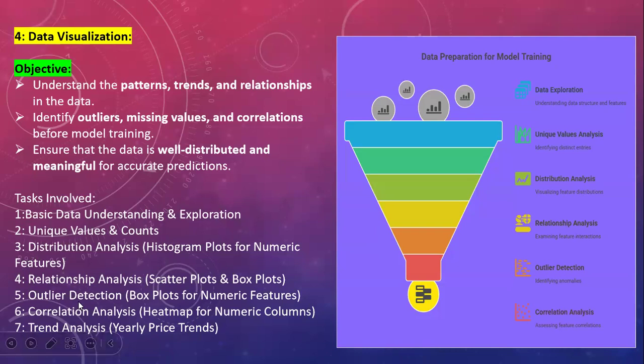It also shows correlation analysis between the features using a heat map for numerical features, and trend analysis of how the yearly price market is going. All these techniques come under the data visualization step.